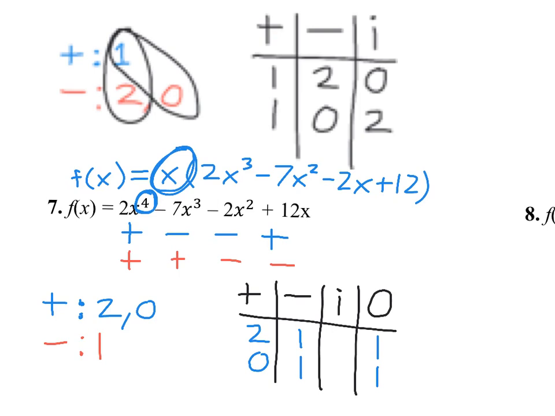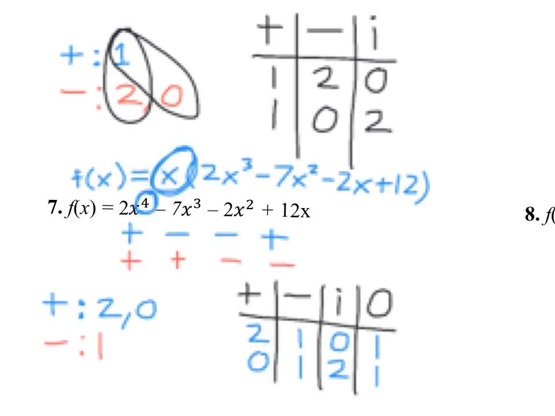We already have 4 total in the first row, so that would leave 0 imaginary. In the second row, we only have 2 total so far, so we would need 2 imaginary. Okay, go ahead and try the even problems on your own now.